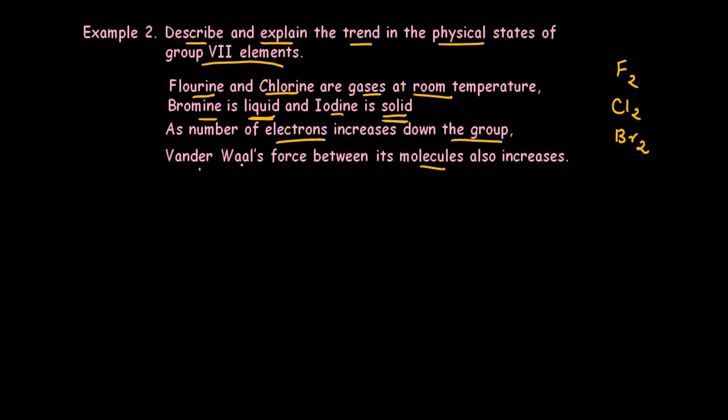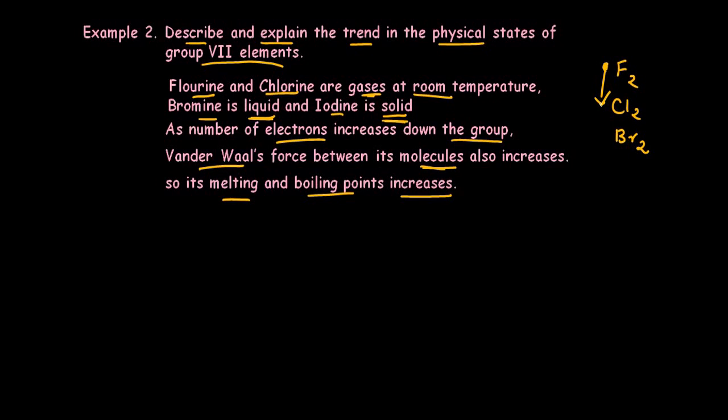So we say that the van der Waals force between its molecules increases down the group, and because of that the melting and boiling point also increases, and that is the reason that fluorine and chlorine, which are on the top of group 7, are both gases.